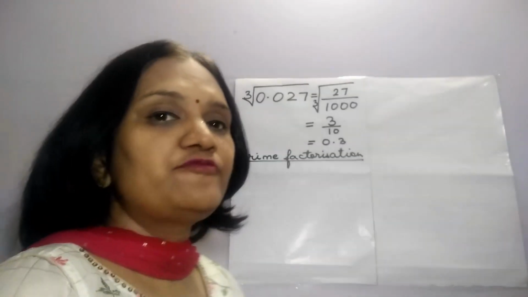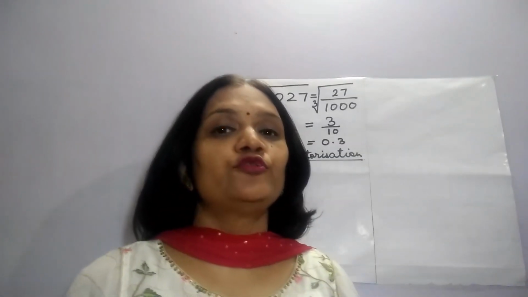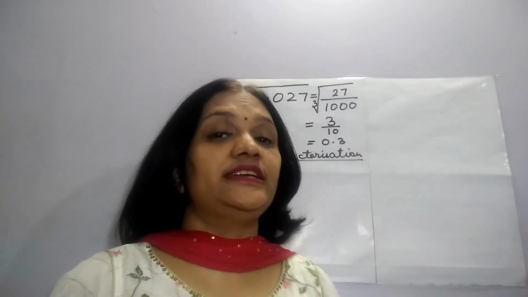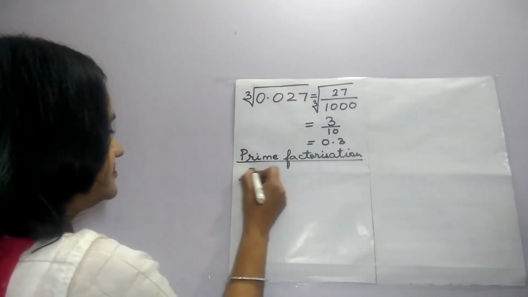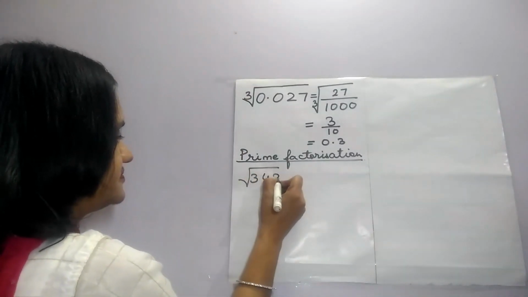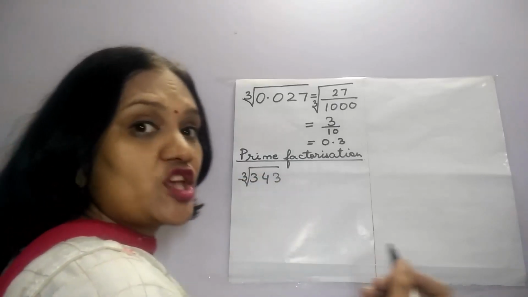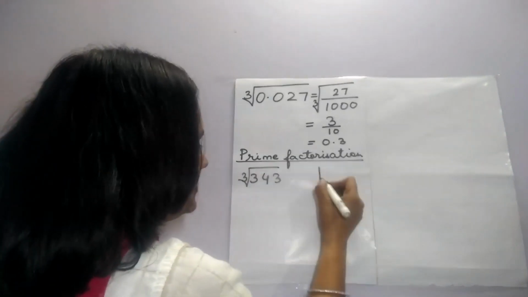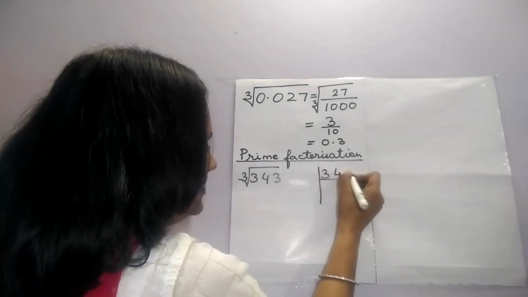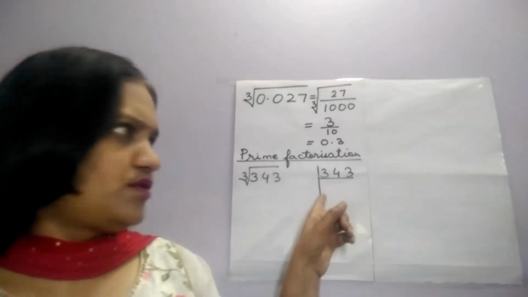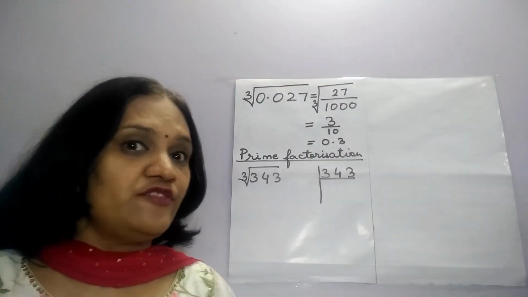Okay, if you have to find the cube root of 343, let's use the prime factorization method. 343, is it divisible by 3? No, it's not divisible by 3, it's not divisible by 2, it's not divisible by 5.